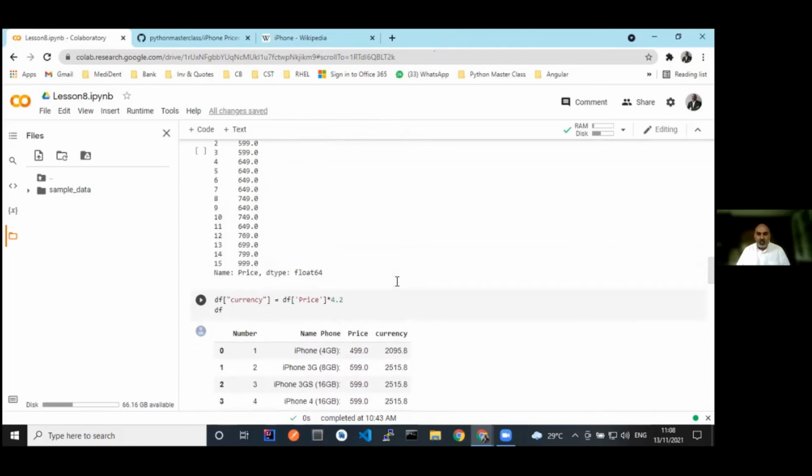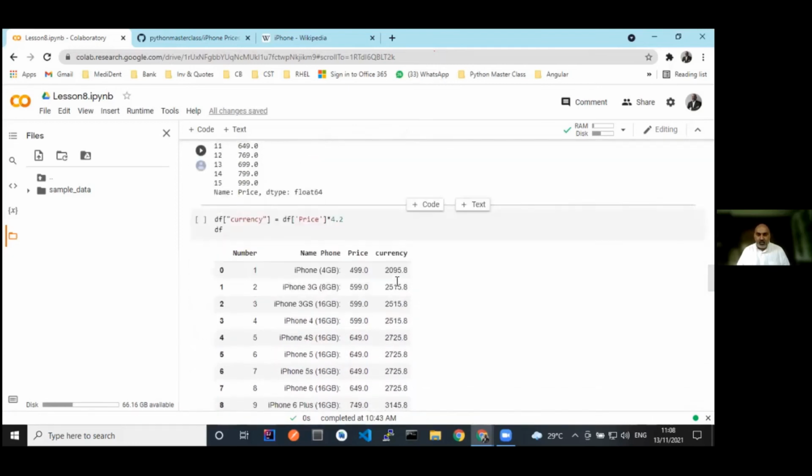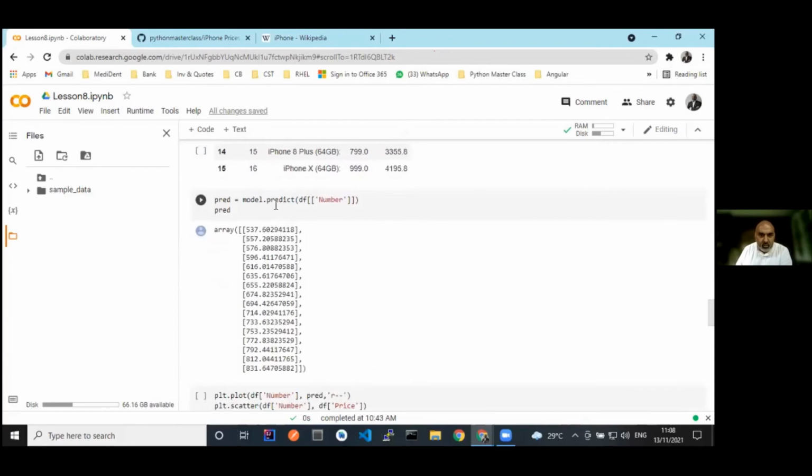Here I am calling predict again, and I'm giving it all the values that it initially had, the numbers from 1 to 16. It's going to use the same model and predict again.